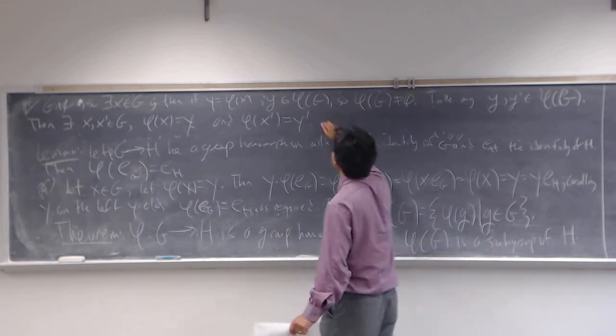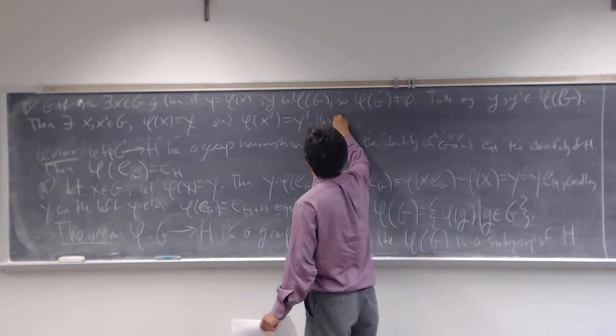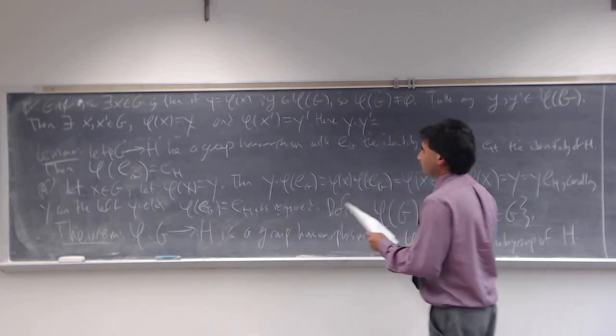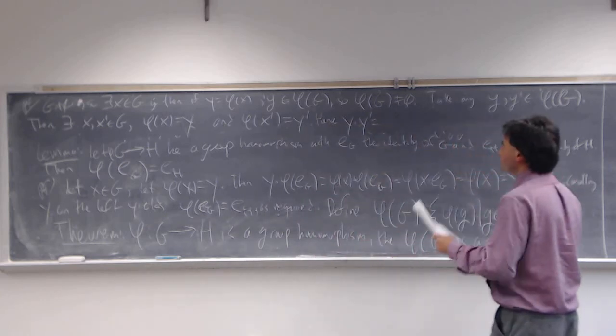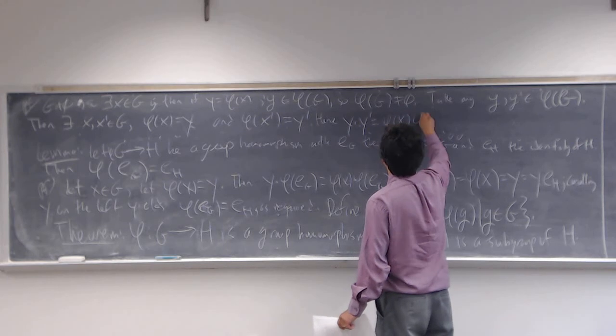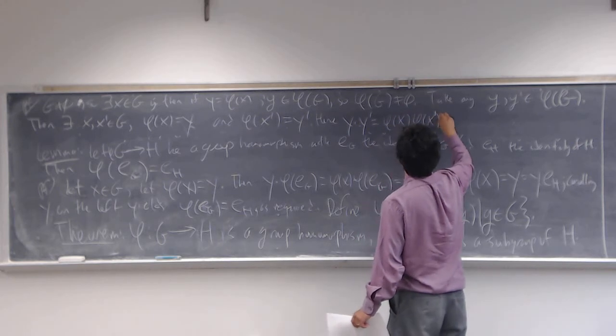And so what do we have? If we look at y times y prime, this would be phi of x times phi of x prime.